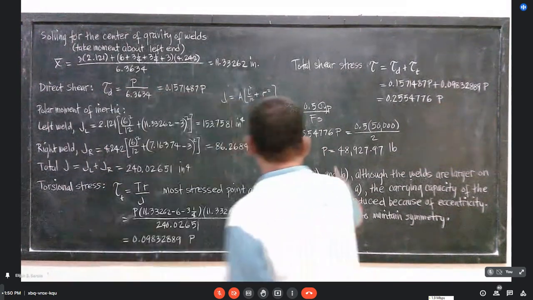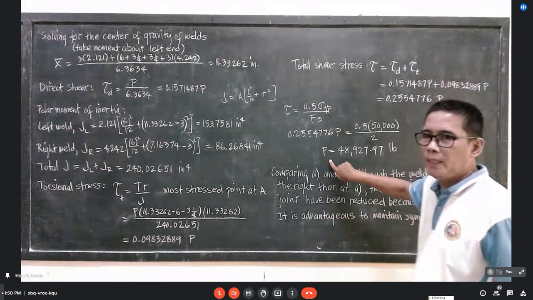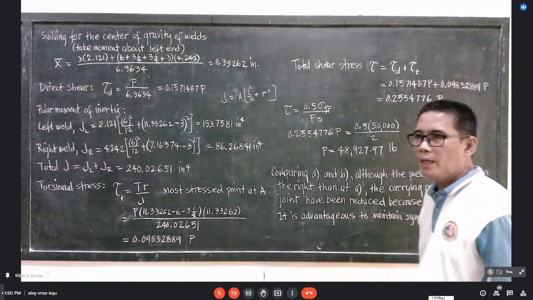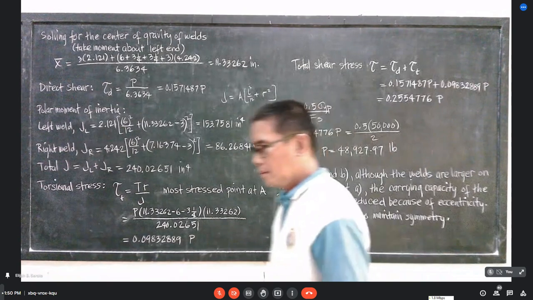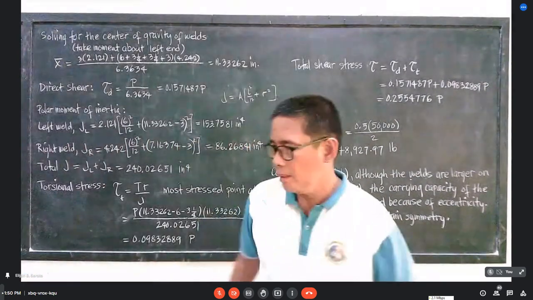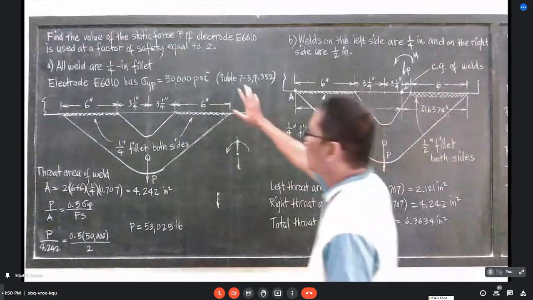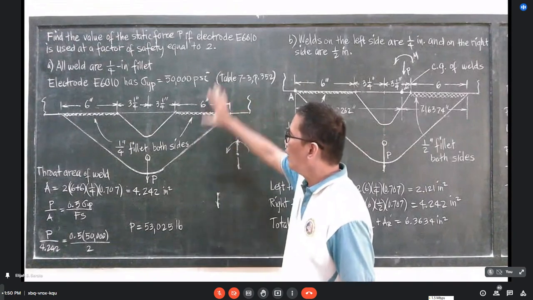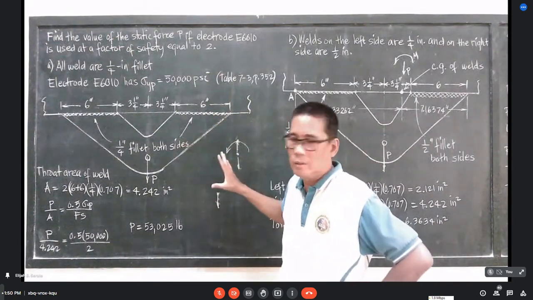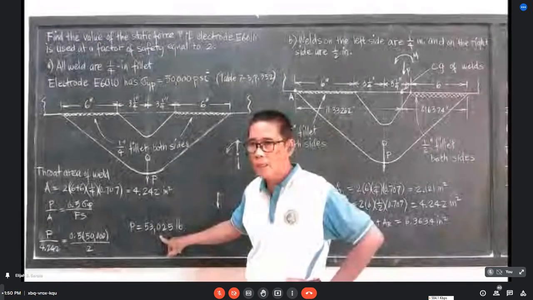Now this is now the load that the welded joint can carry. Now if you compare the two, if we have a symmetrical distribution of the load, you will notice that we can carry a load of 53.